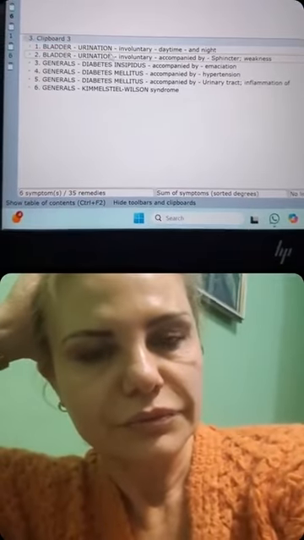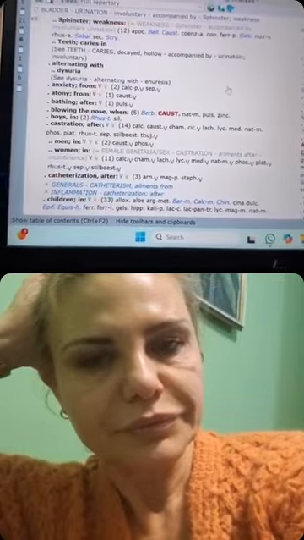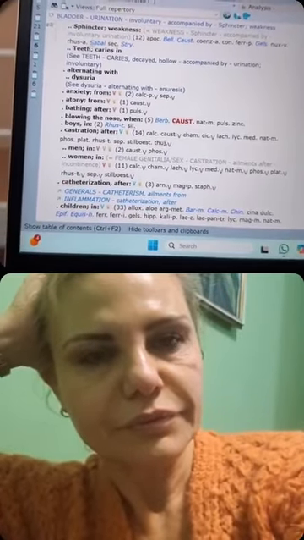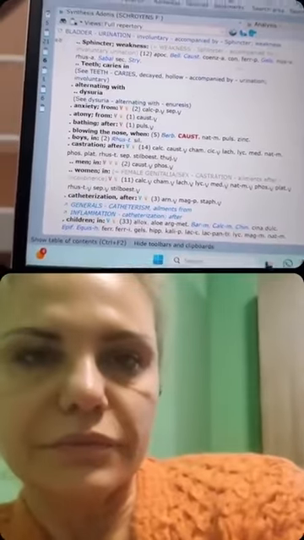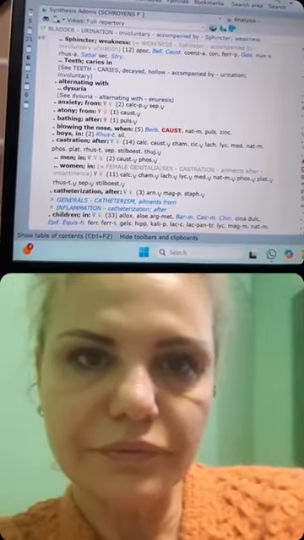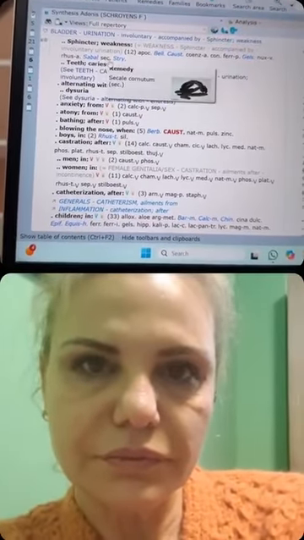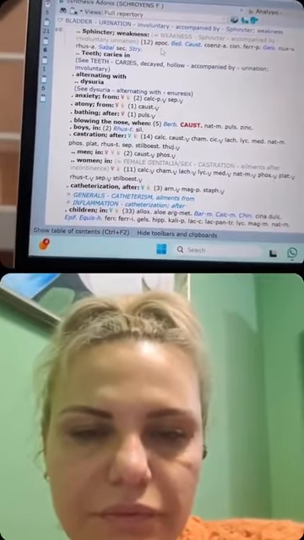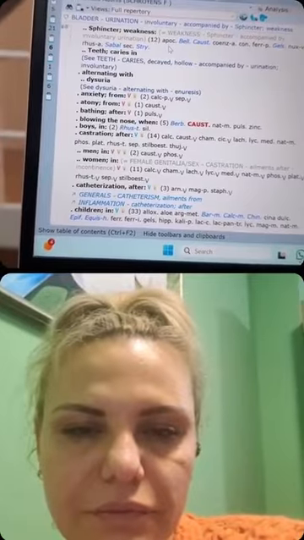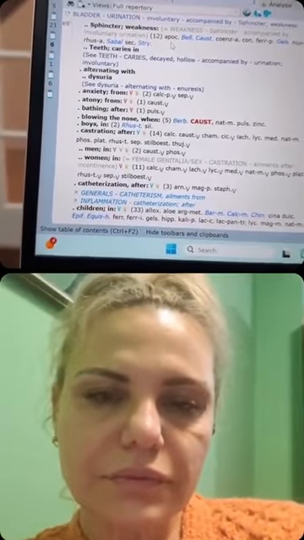Second is urine involuntarily accompanied by sphincter weakness. We have some remedies here: apocynum, belladonna, causticum, conium, ferrum phos, gelsemium, nux vomica, Rhus aromatica, and sabal serrulata, secale cornutum, and strychninum, where the urination is involuntary because of the sphincter.